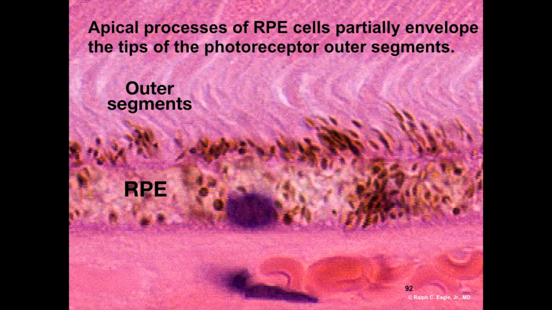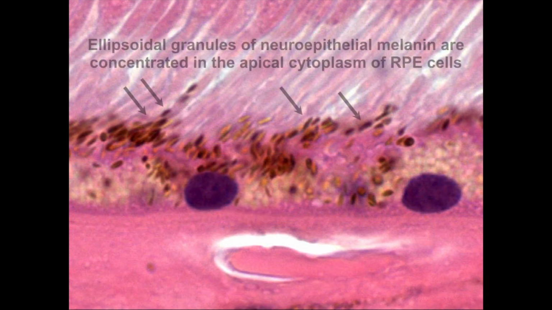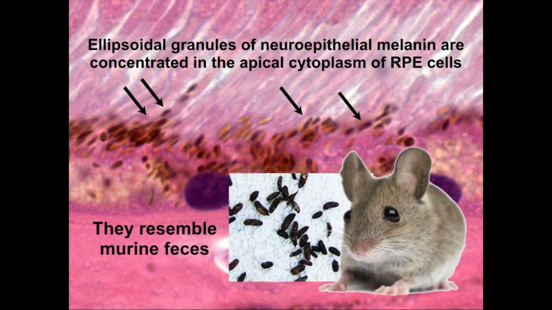Large ellipsoidal granules of neuroepithelial melanin are concentrated in the apical cytoplasm of the RPE cells. The nuclei of the RPE cells are present in the basal cytoplasm, abutting the inner surface of Bruch's membrane. The shape of the RPE granules is reminiscent of mouse droppings.